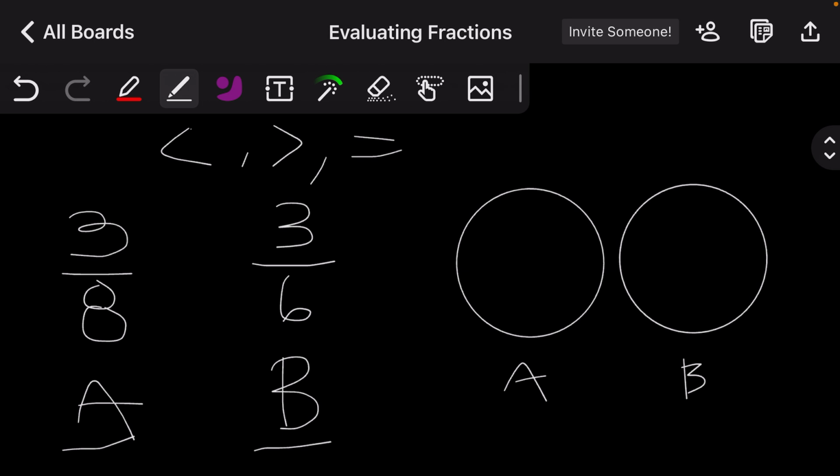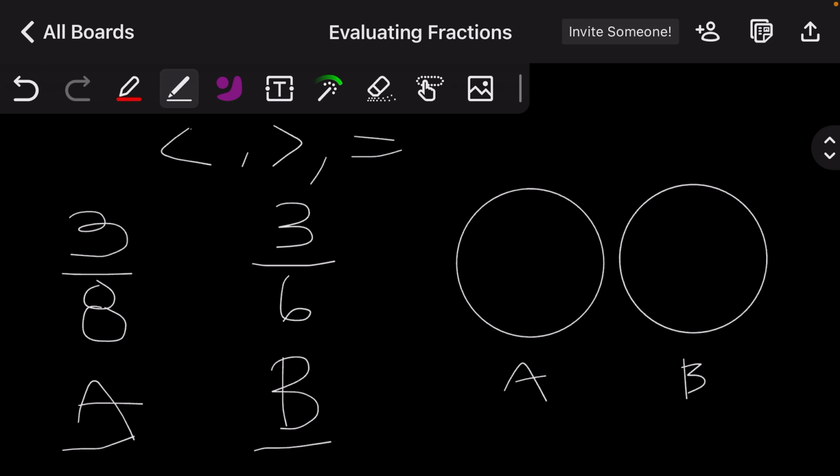One is divided up into 8 slices and the other one is divided up into 6. So it can be hard to understand or compute which one is a situation where I get the most pizza.